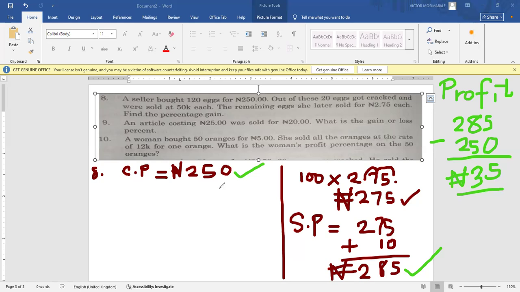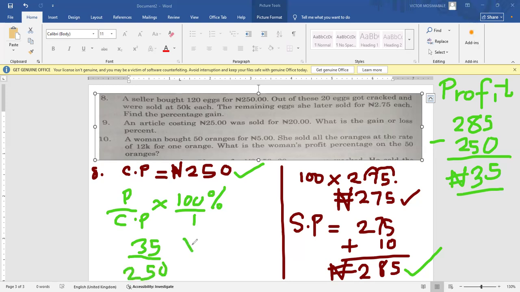So this is profit. Percentage profit is profit over the CP times 100% over 1. Agreed? The profit is 35 over the CP, which is 250, times 100% over 1.